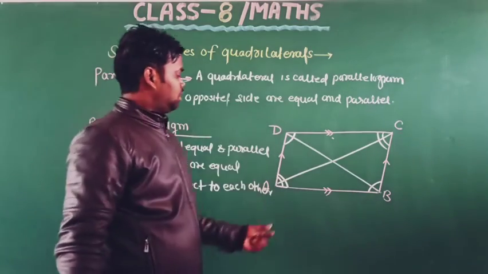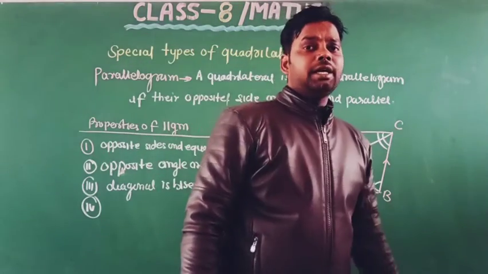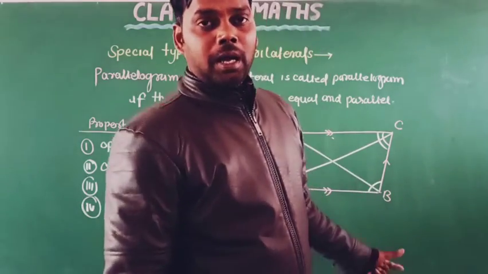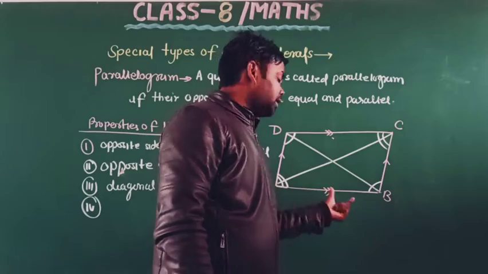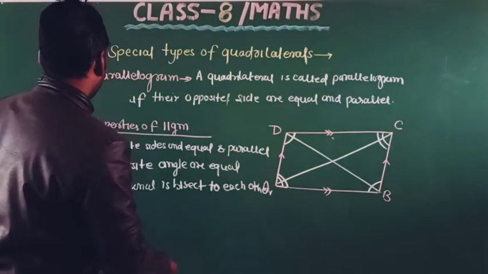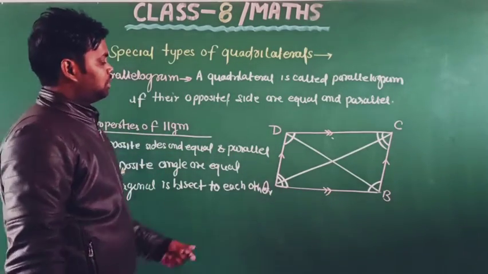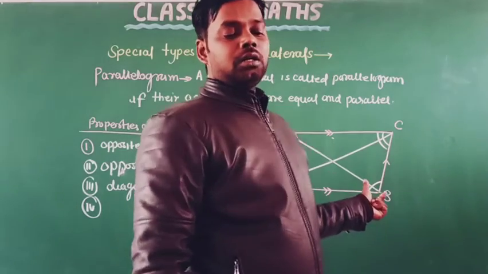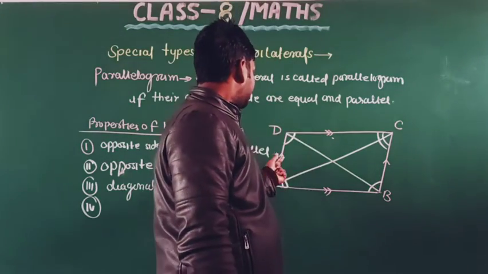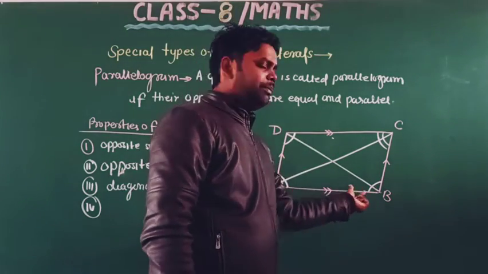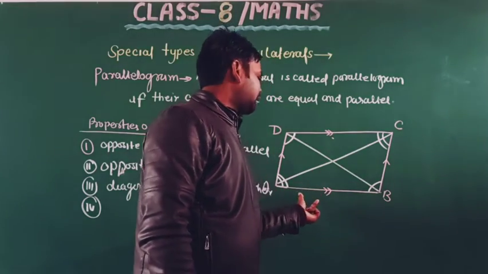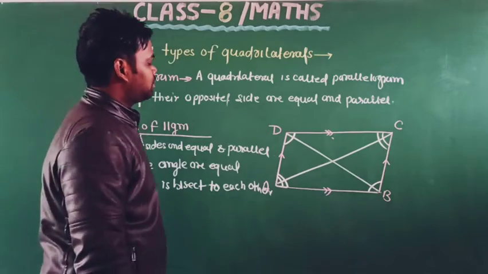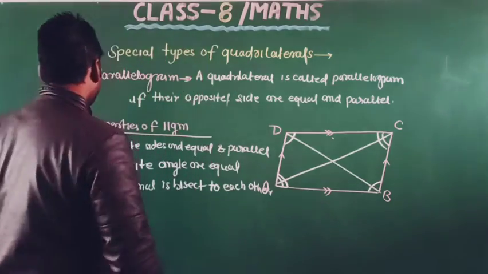And the sum of adjacent angles is supplementary, meaning the sum of angle A and B; A and B are called adjacent angles. The sum of adjacent angles is supplementary, meaning it is equal to 180 degrees.